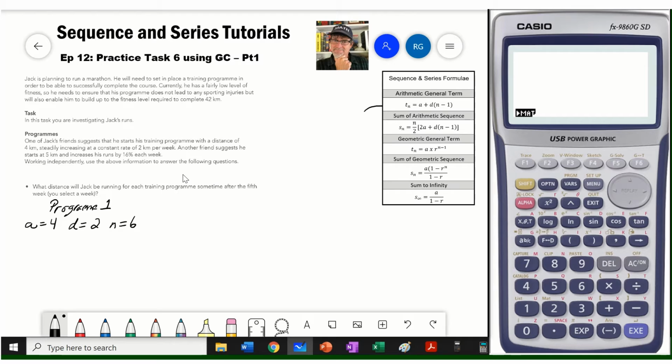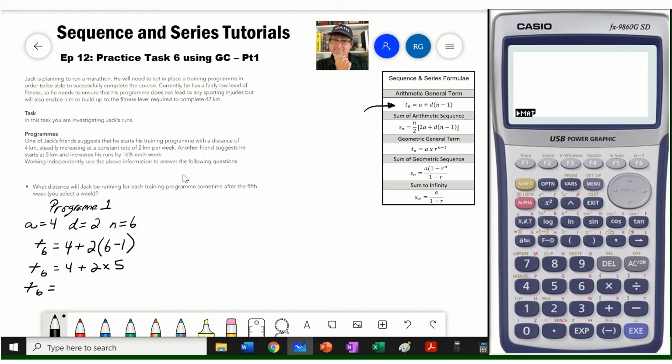Because this sequence is increasing with a common difference of 2, it's arithmetic. So we're going to use this formula right here. So let's go for it. The 6th term equals A, that's 4, plus D, that's 2, times N minus 1, so that's 6 minus 1. All right, 6th term equals 4 plus 2 times 5.